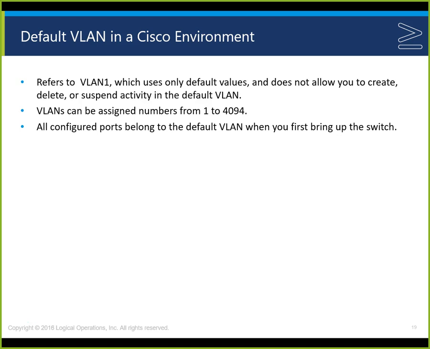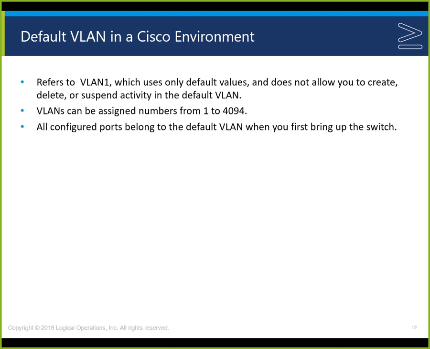We can take all of the ports off of it and put them on other VLANs, but it is the default VLAN 1, and so it's going to be there forever. VLANs can be assigned from 1 to 4094 if we have the extended range VLAN, and you should know both of those numbers.